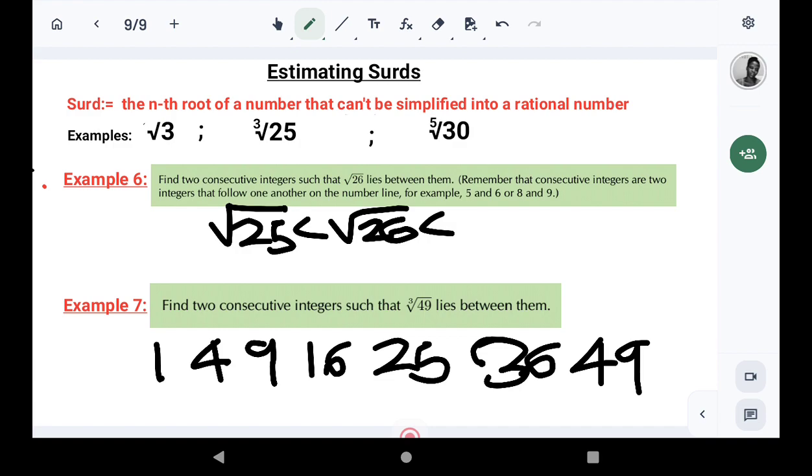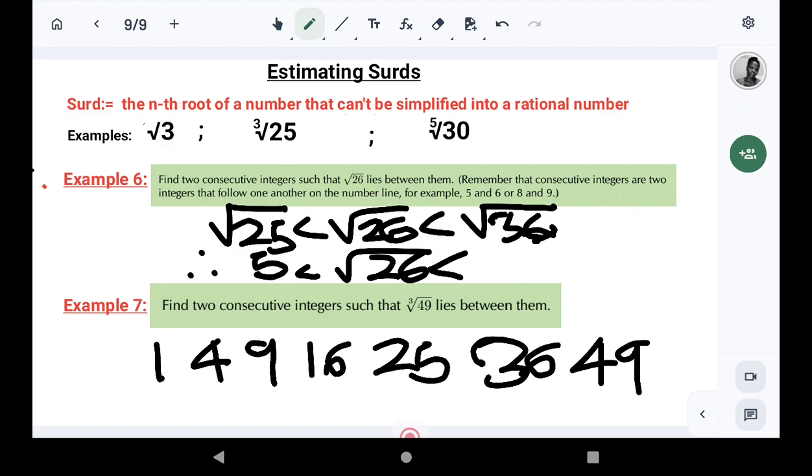On the right hand side, you find the next square that is bigger than 26. That is 36. So you write the square root of 36 here to the right. Therefore, the square root of 25 is 5, and the square root of 36 is 6. So the square root of 26 lies between 5 and 6.